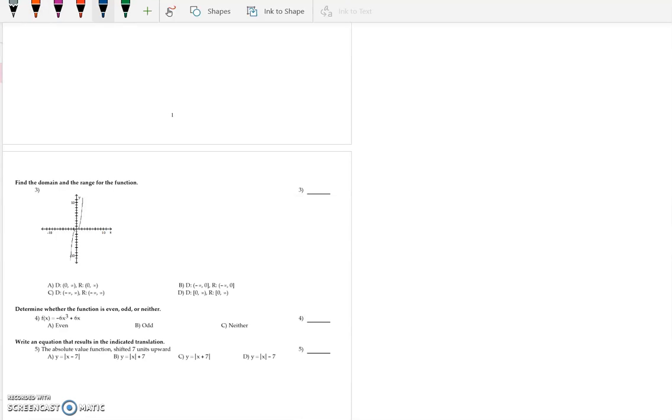Problem number 3. On problem number 3, find the domain and the range.